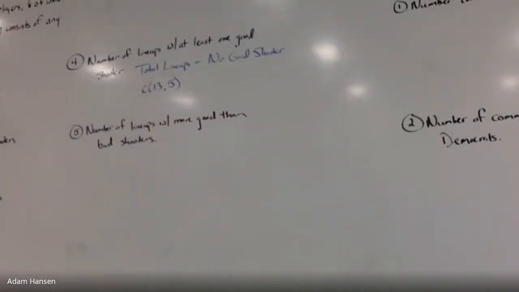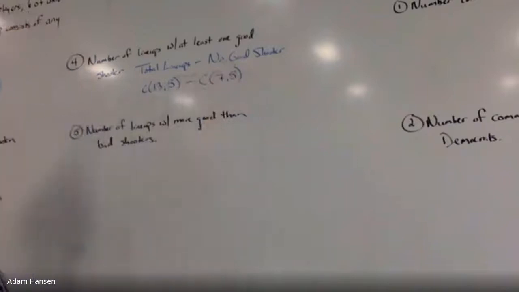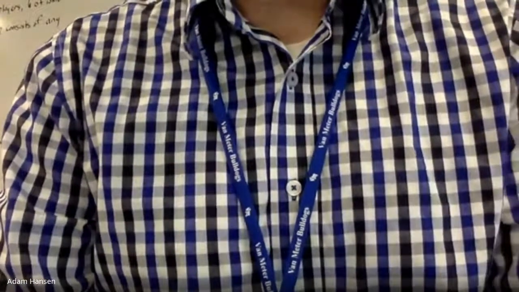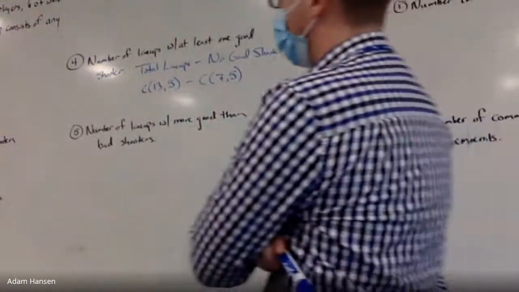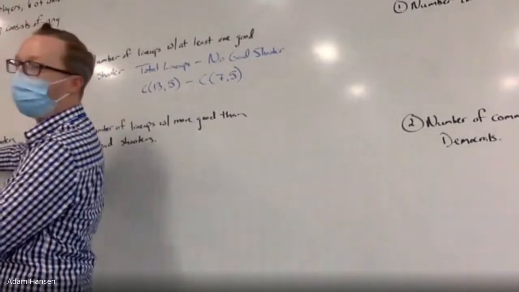No good shooters means they need to all be bad. I think we did that one earlier. There were 7 bad shooters. I want to choose any 5 of them. So let's see here. 13 choose 5 minus 7 choose 5. Looks like 1,266. Which would be the same if I just take 1,287 minus 21.